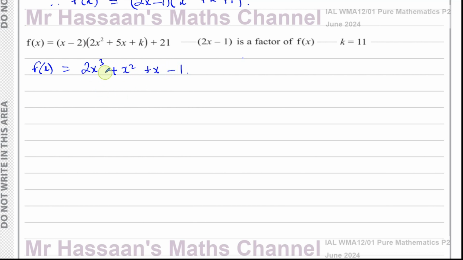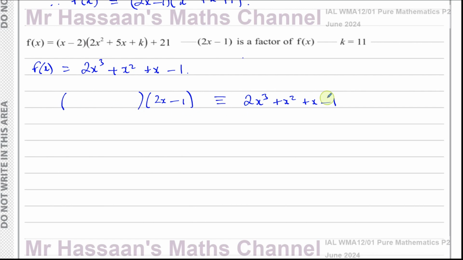And we have to factorize this given that 2x minus 1 is a factor of f of x. So what we can do here is what's called factorizing by recognition. I know that if I multiply 2x minus 1 with something, it's going to give me 2x cubed plus x squared plus x minus 1.